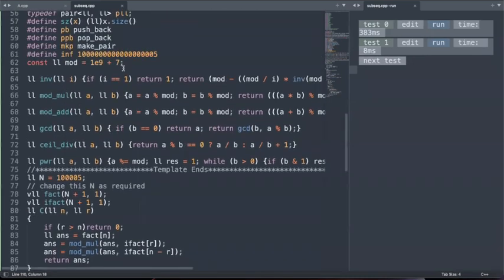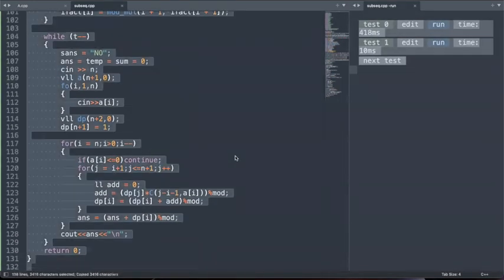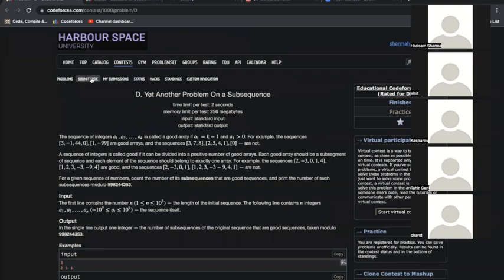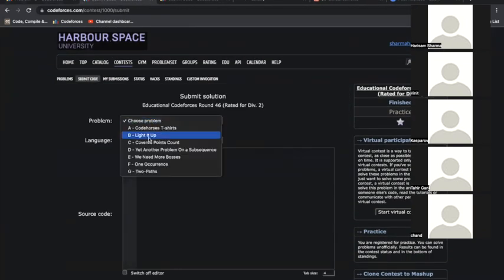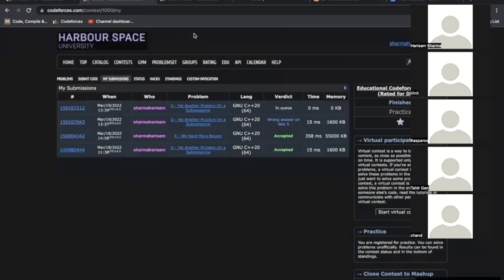So I have my standard modulo as 1e9 plus 7, but here this is the modulo value. So now it should work. Okay, let's submit it again. Right, so this is done.